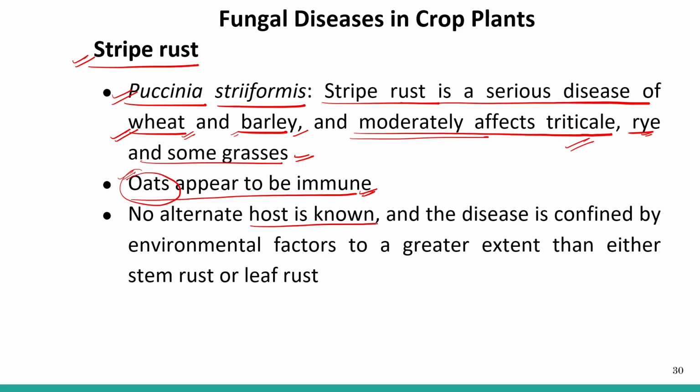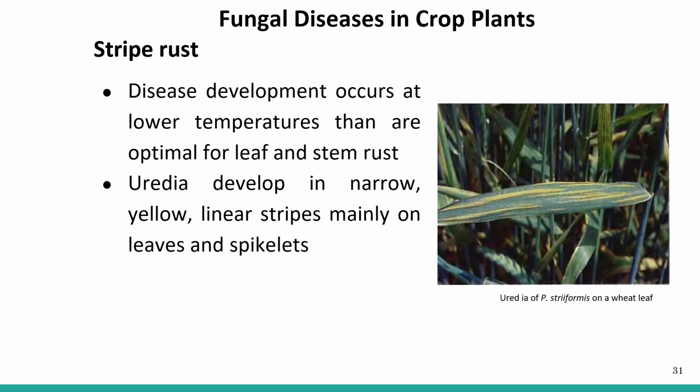No alternate host is known and the disease is confined by environmental factors to a greater extent than either stem rust or leaf rust. So basically, when the environmental condition is suitable for this fungus, they can infect the plant, and there is no alternate host for this fungus.